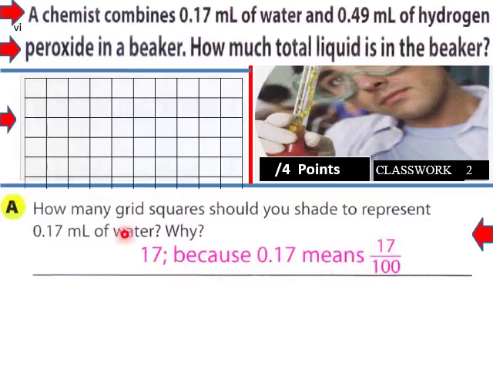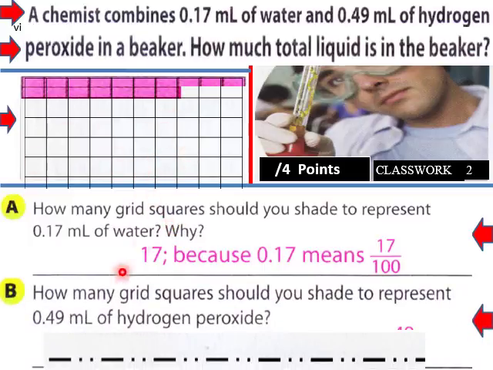So in a decimal grid, you would shade in 17, like for example here, just be the way you would do it here, 10 plus 7. So that's the idea behind decimal grids. How many grid squares should you shade to represent 0.49 milliliter of hydrogen peroxide?